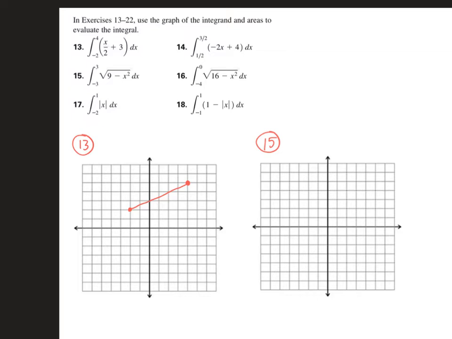All right, and now we're looking at the area in between this function and the x-axis. So we're looking at all this area here. We need to find the area of this figure.